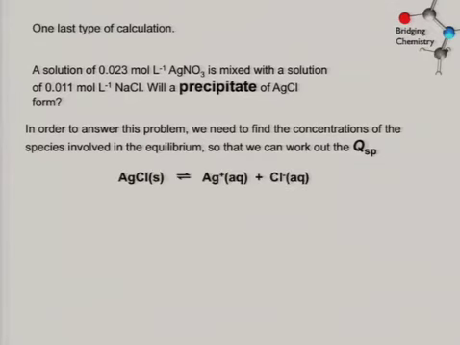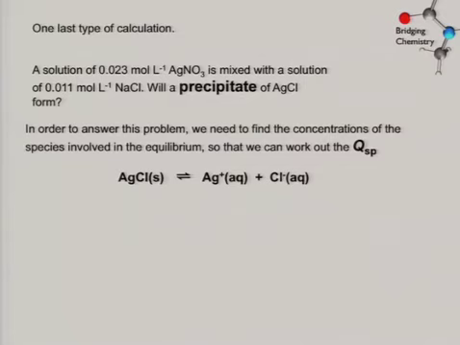Now, in NCEA at school, this is called the IP, the ionic product. But here, this is called the QSP. And what is very important to remember is that the QSP, which is related to the KSP, describes this equilibrium, even though this is not the way around you're doing the reaction in this particular case, right?